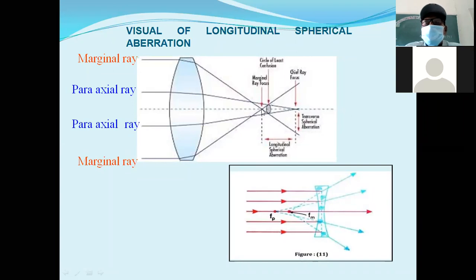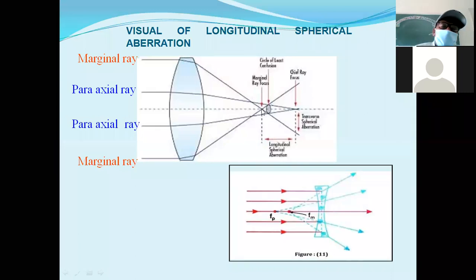Of course, I should say here that spherical aberration is classified into two types: one is longitudinal spherical aberration and the other is transverse spherical aberration. The longitudinal spherical aberration is the distance through which the image is elongated along the principal axis.